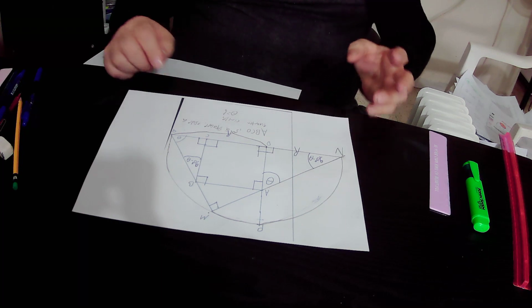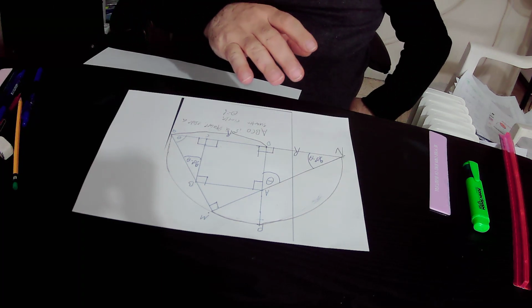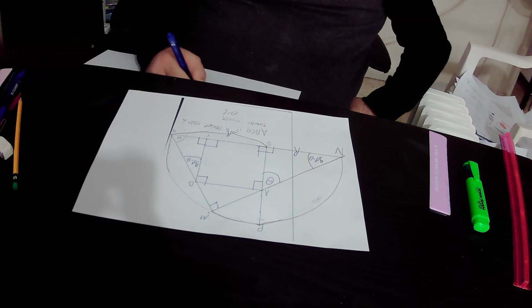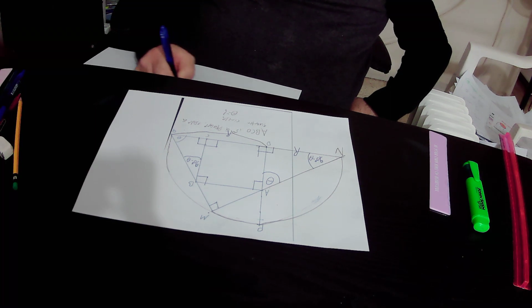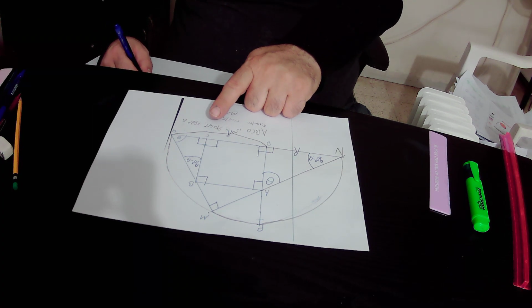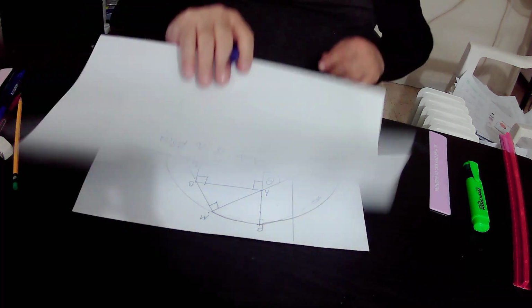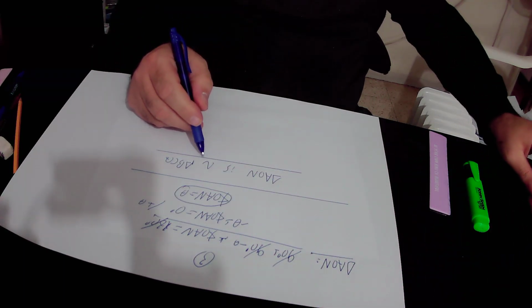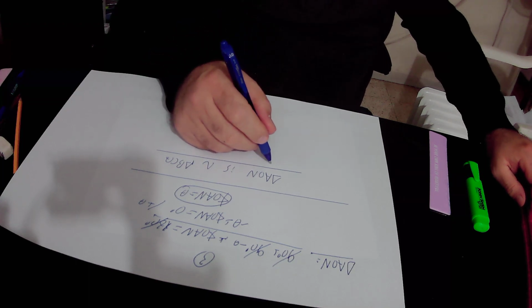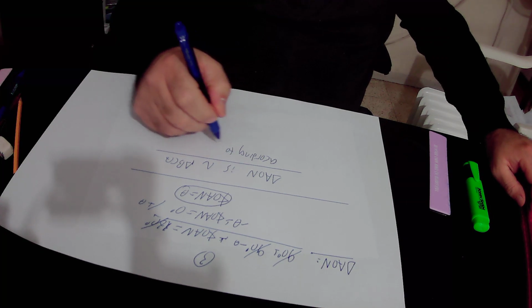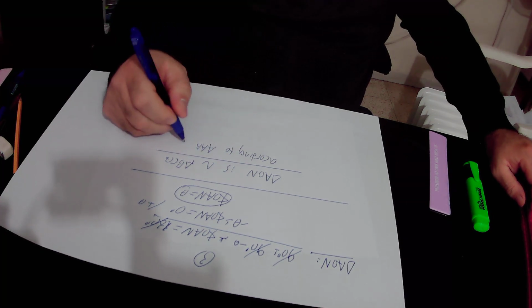So the right triangle AON is similar, this is the sign of similar, to the right triangle BCQ according to the angle similarity rule.